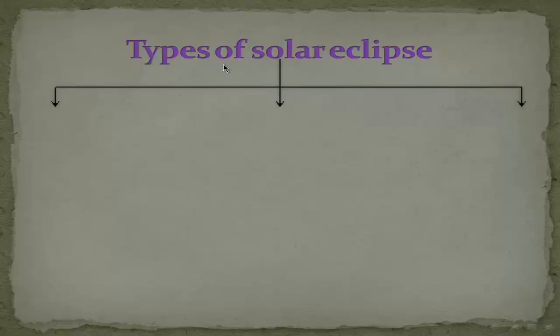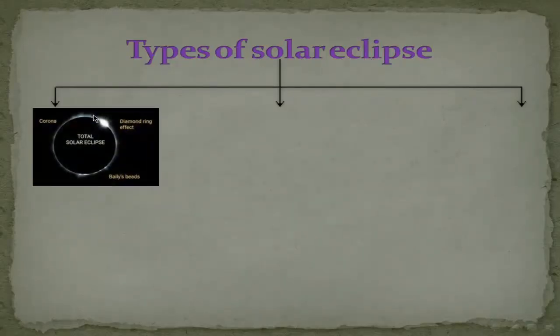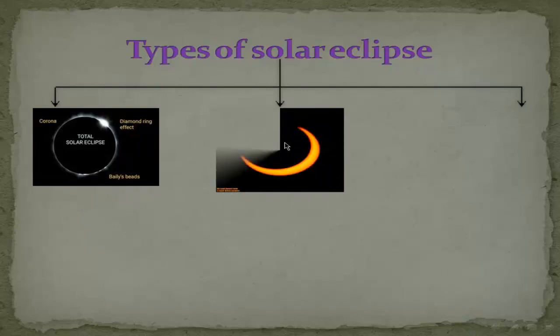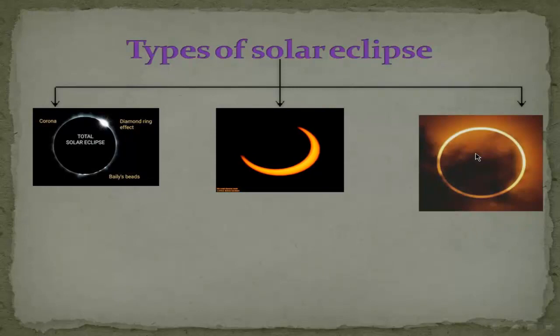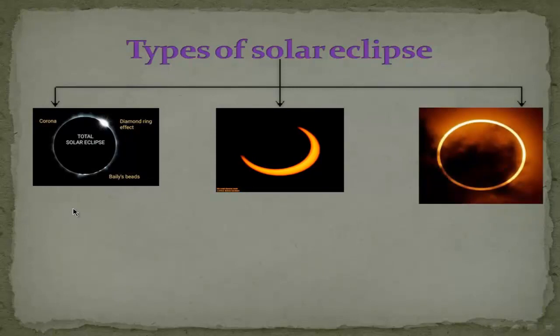To differentiate between the three types, we must make a comparison. As we said, there are three types of solar eclipse: total, partial, and annular. You must know two main points in each type. In which area is this type formed?